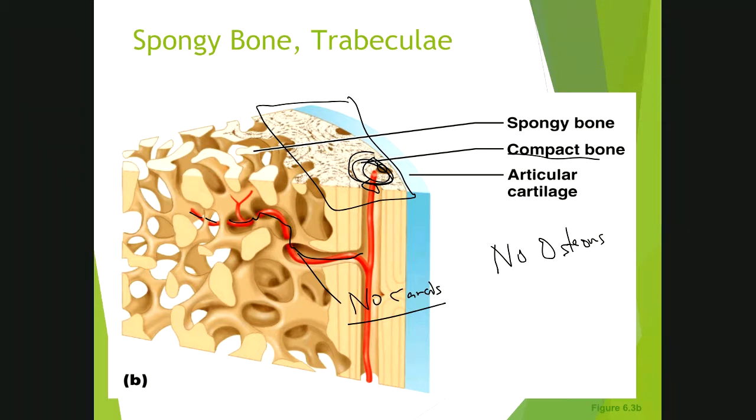So Zoe says, just to double check, osteogenic helps make the osteoblasts. So osteogenic refers to the layer. We'll get to it again in a minute, but it's a layer. And in that layer are osteoblasts and osteoclasts.